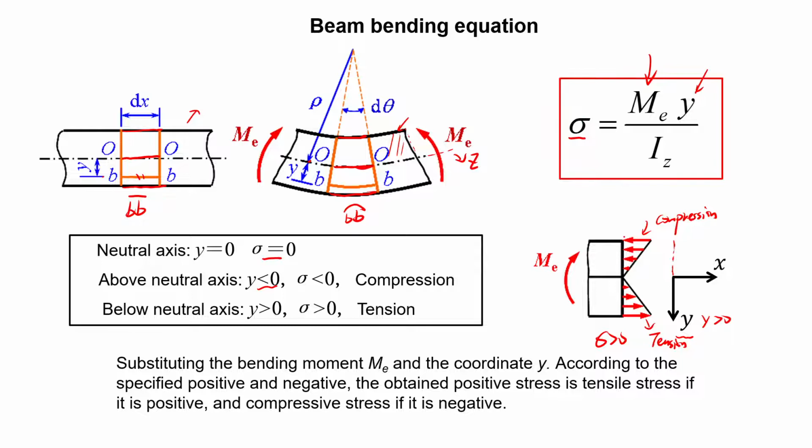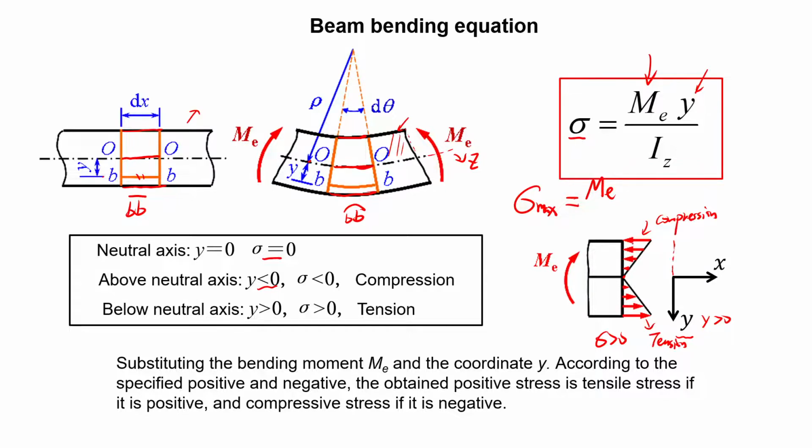If you ask me where I can find the maximum stress, either in compression or in tension, you can see it's a linear relationship, going from 0 and going up. So the maximum bending stress, sigma maximum, must be at the edge where you have the maximum y.